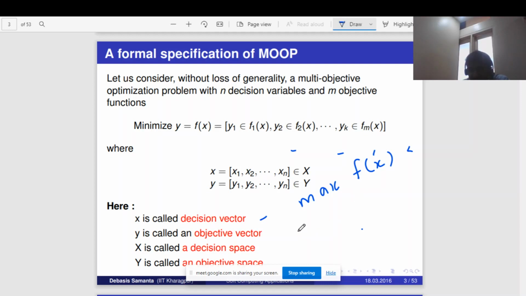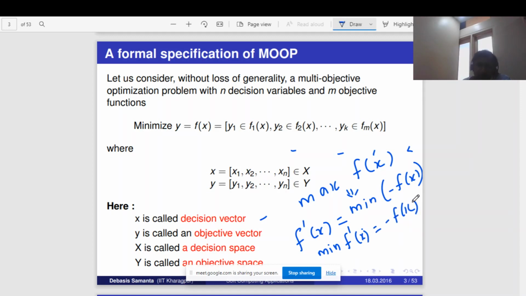Now I can say that f'(x) is equal to minimize of -f(x). Both are the same. Or this can be further written as: minimization of f'(x) is equal to -f(x).